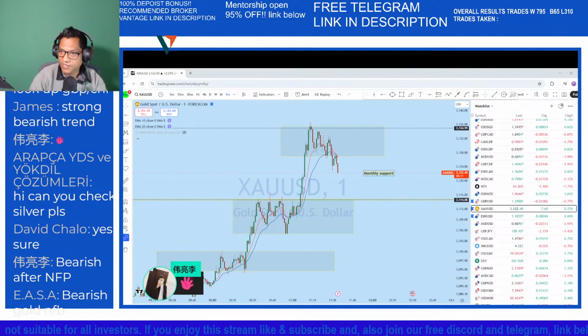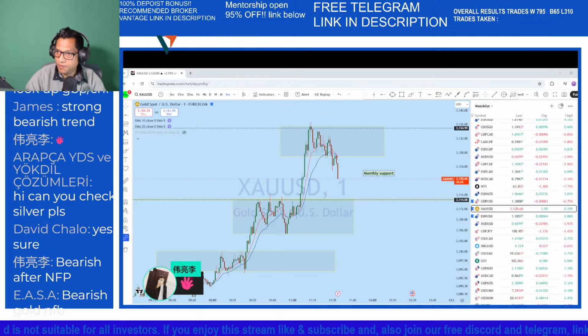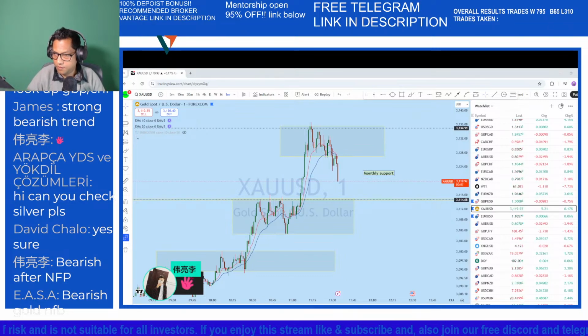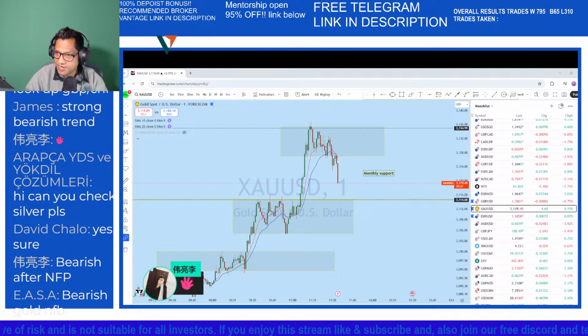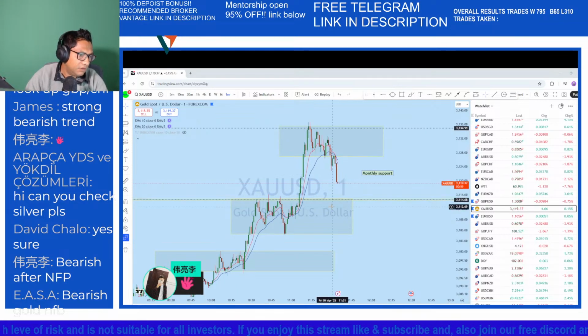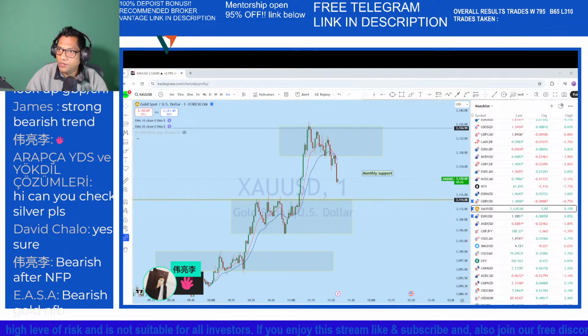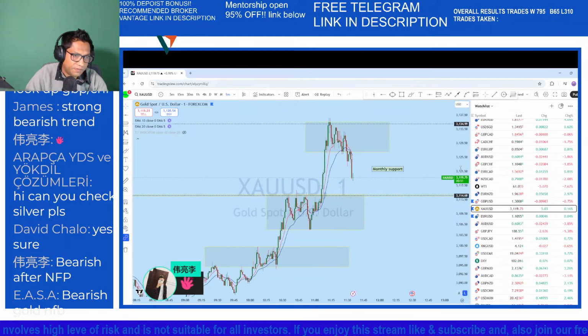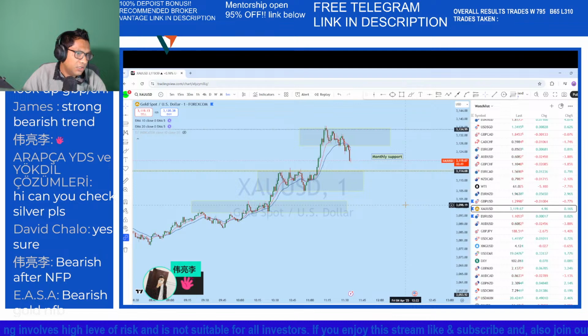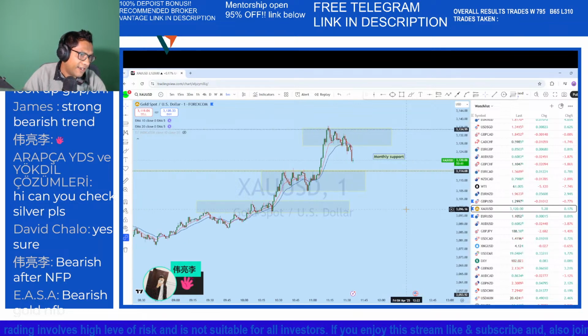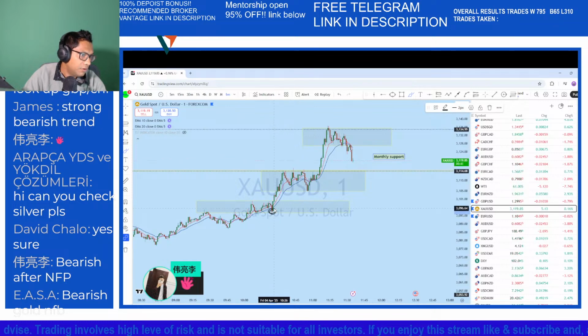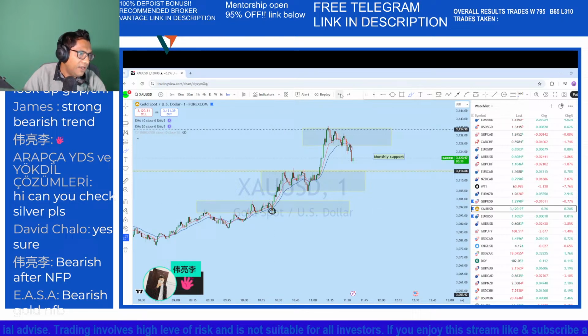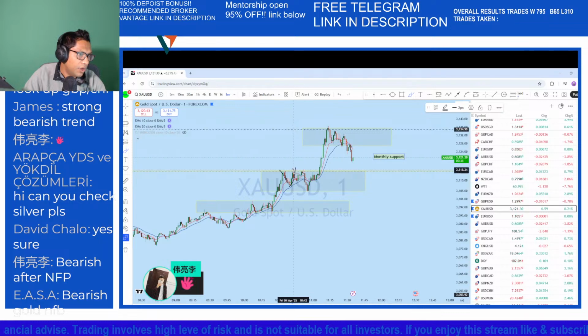We've given the daily support here, and this is the daily support. I would like to see gold coming here, retesting, and then bouncing back to the upside. So we can see that in this market, this is support, moving back to the upside, coming here, going up, coming here.